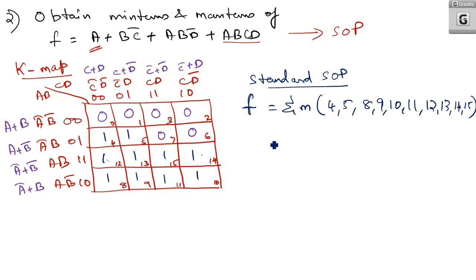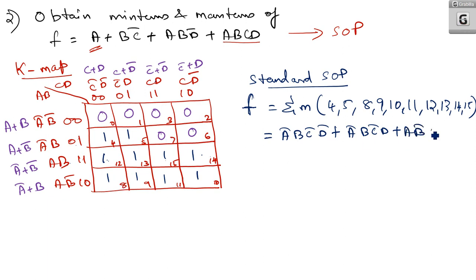So if you need to write it in SOP form, what is 4? 4 is A bar B C bar D bar. Or what is 5? 5 is A bar B C bar D. Or what is 8? 8 is A B bar C bar D bar.